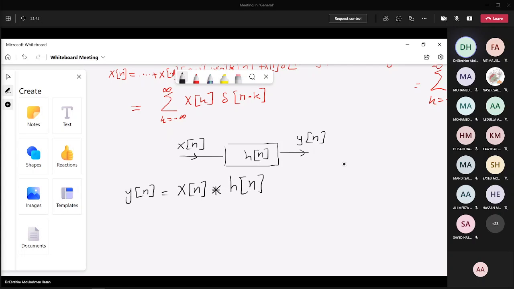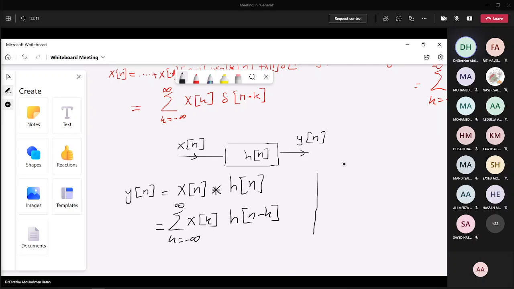So this is not multiplication, be careful. And this is equal to the summation of x of k, h of n minus k, k from minus infinity to plus infinity, to find y of n. Also, this is correct.